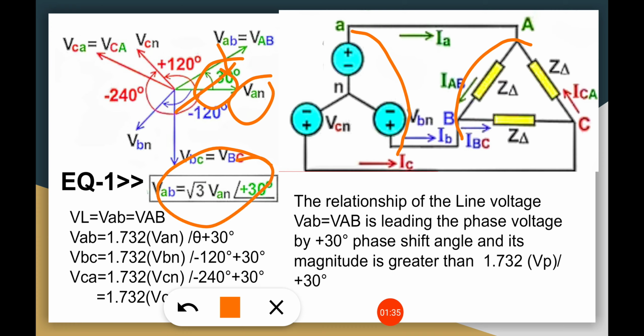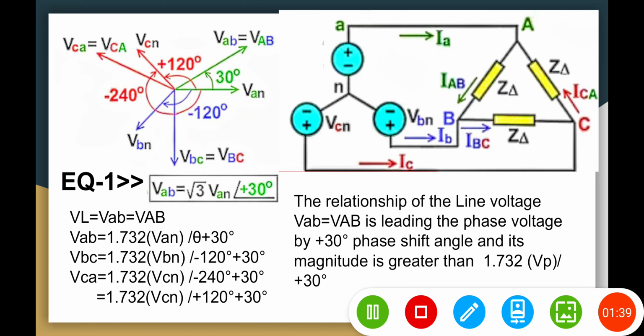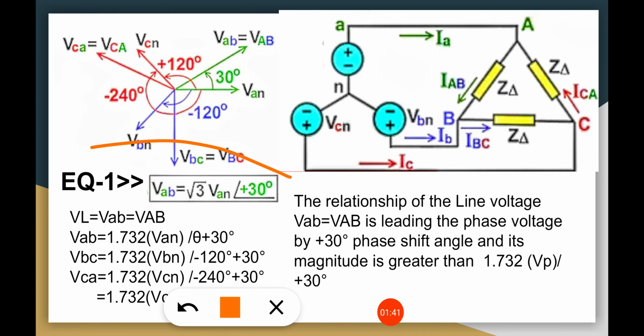So you just have to remember that this equation 1 will be the basic rule in applying when we have this WYE-DELTA balanced load.